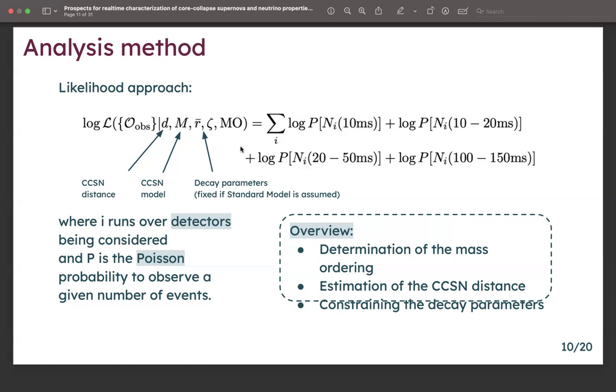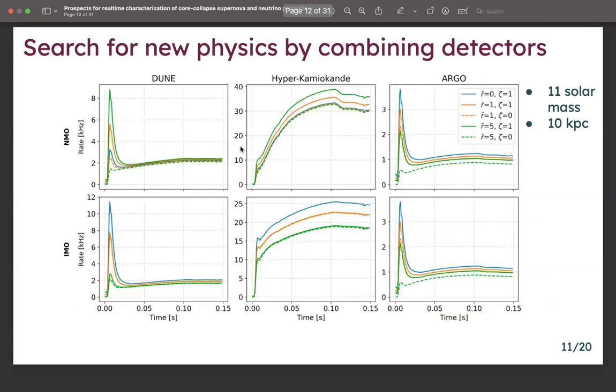But still, before going there, a little warm-up that is really helpful in order to understand what comes. What you see here are neutrino rates that will be detected at different detectors. The first column is for DUNE, the second one for Hyper-K, and the last one ARGO. On top, you see what would happen if the mass ordering was normal, and at the bottom, if it was inverted.